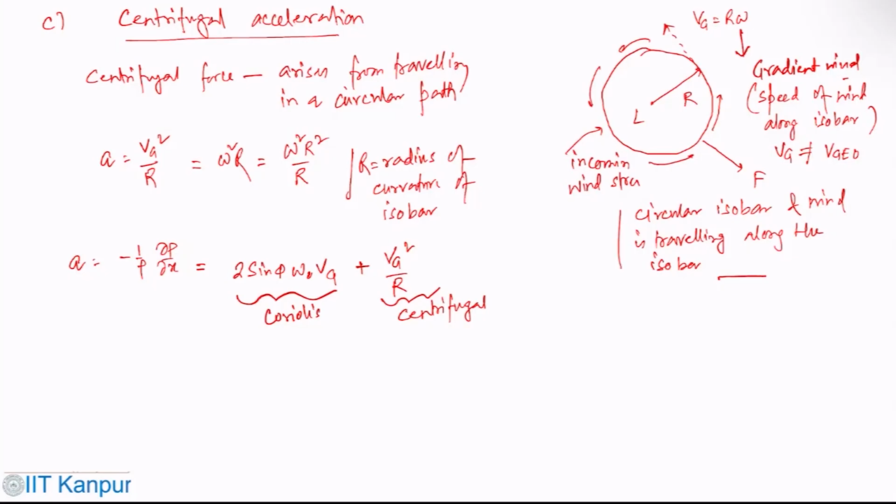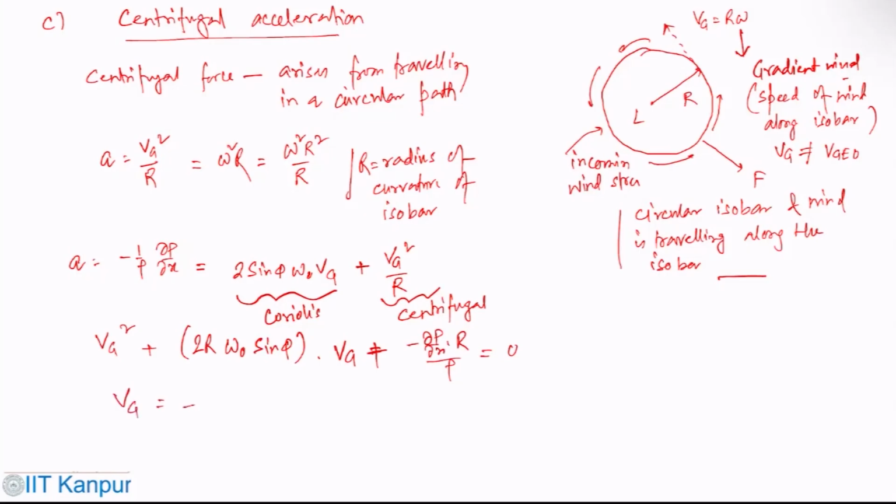So what we can now write is Vg square plus 2R omega naught sin phi Vg plus minus del p by del x into R by rho 0.